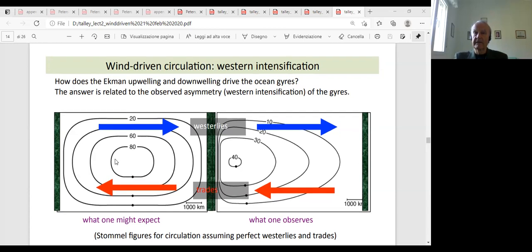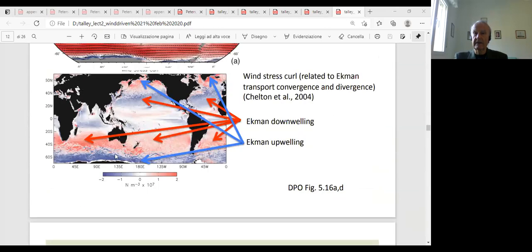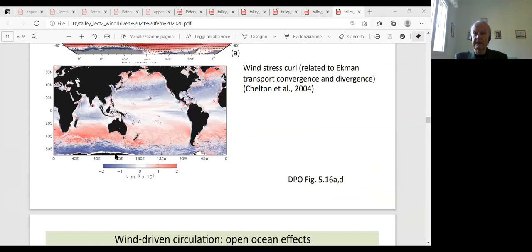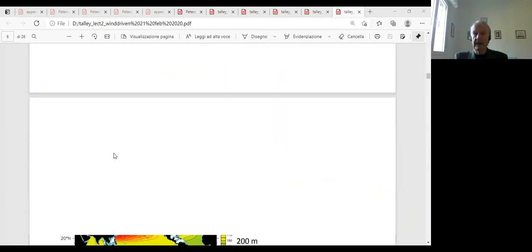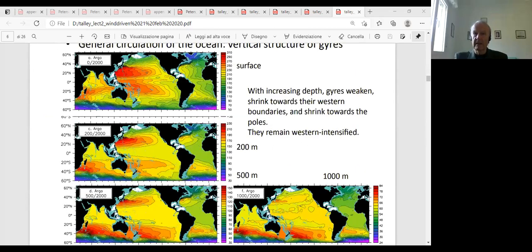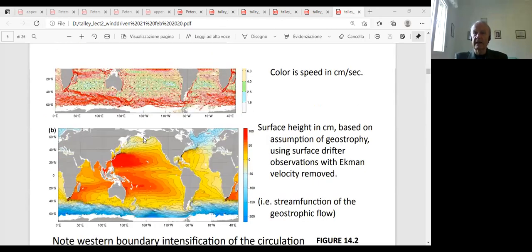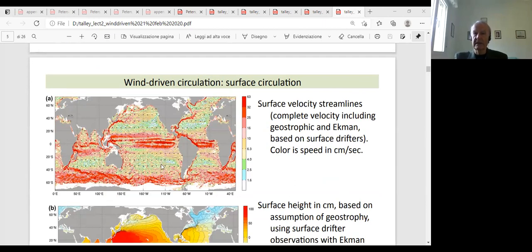But the experimental data shows that it's not like that. It's not symmetrical between east and west. The western part has currents that are more intensified than the eastern currents. You can see this subtropical gyre with this east-west asymmetry.